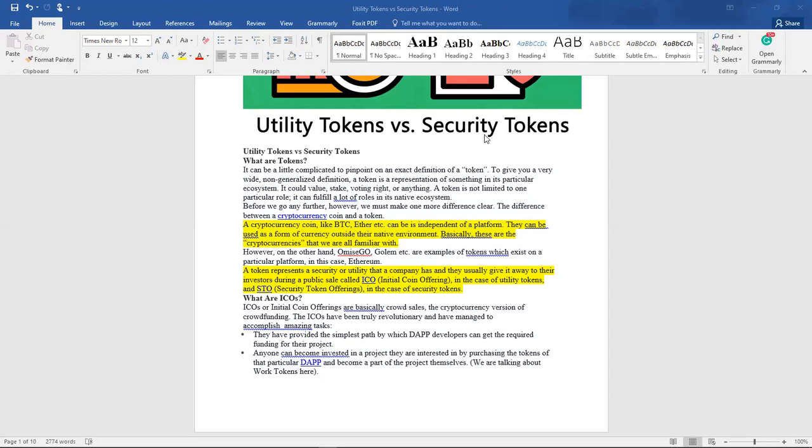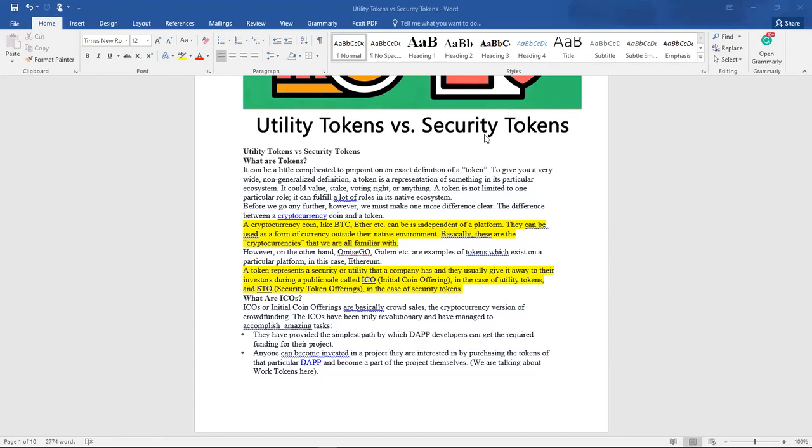So they have been able to accomplish a lot of tasks. And one of the major accomplishments is that they have provided the simplest path by which DApp developers can get the required funding for their projects. So this is another way of crowdfunding your project, and it's a good one.